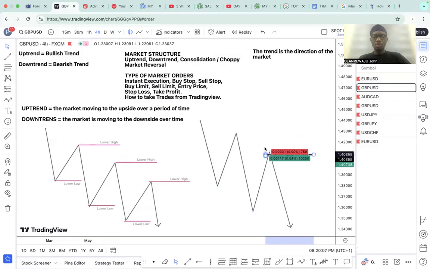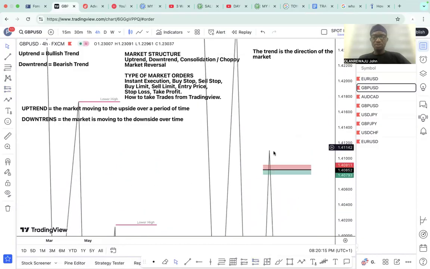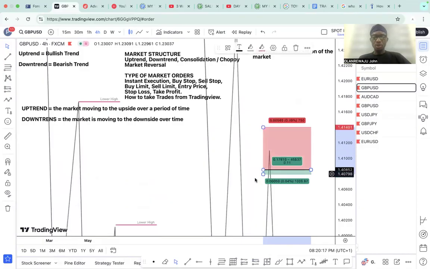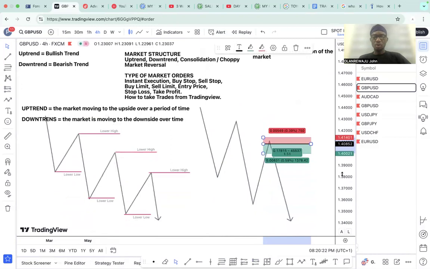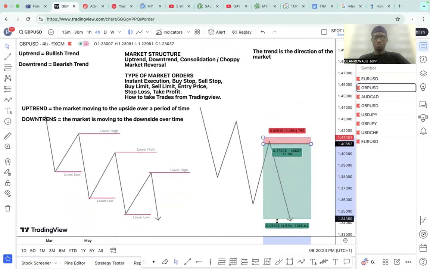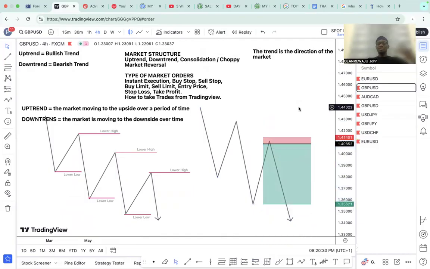And then we have our setup over there, where we are expecting that the market should get to, and then reverse towards the direction where the market is coming from before. Is it making sense, guys? I believe it is. So that is how we trade.